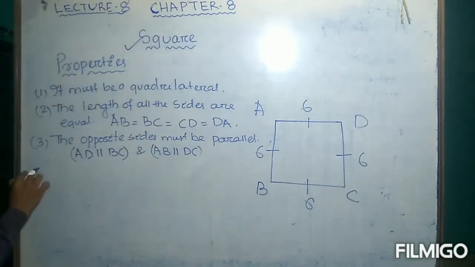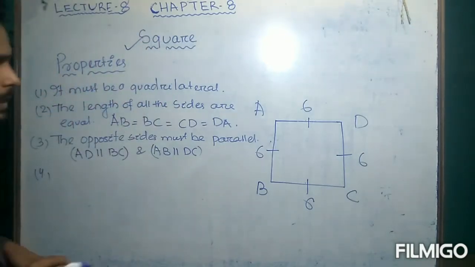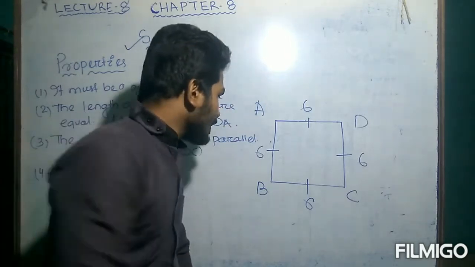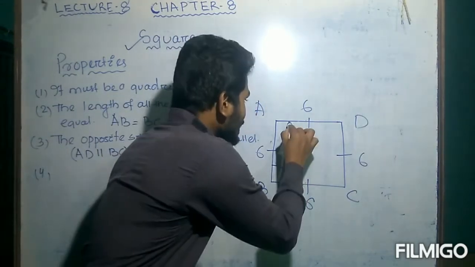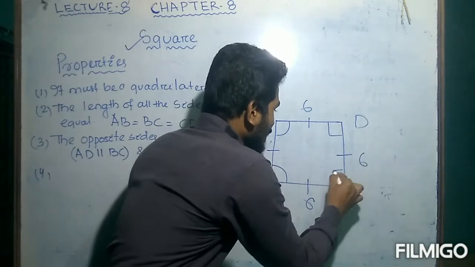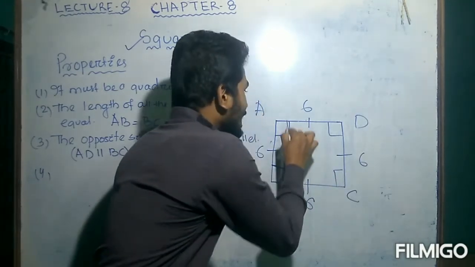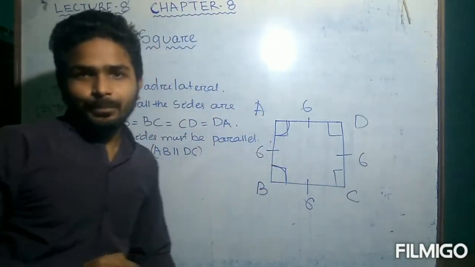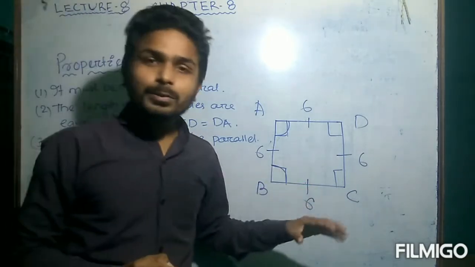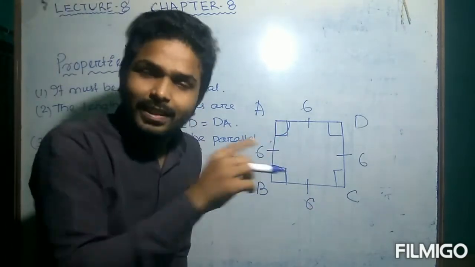Fourth property. The fourth property tells you that since a square has 4 angles, the value of each angle is 90 degree. In case of a rectangle also, the value of each interior angle is 90 degree.